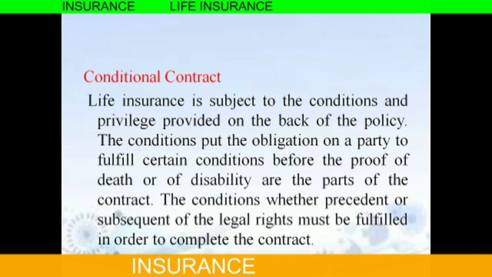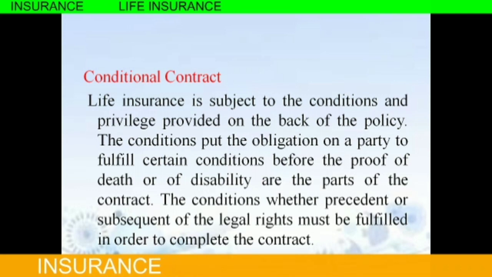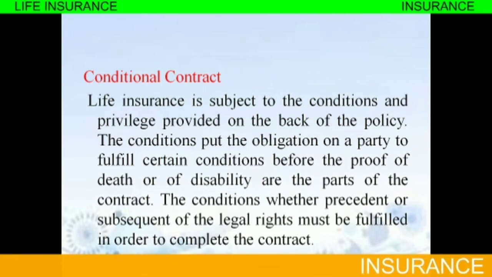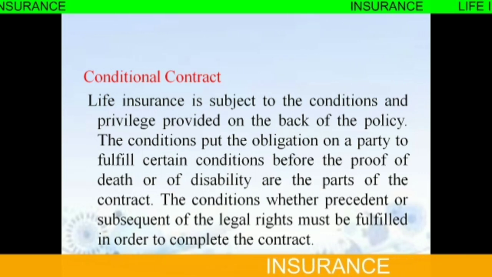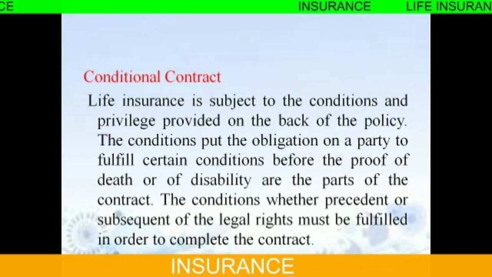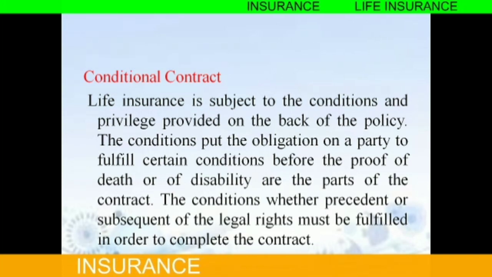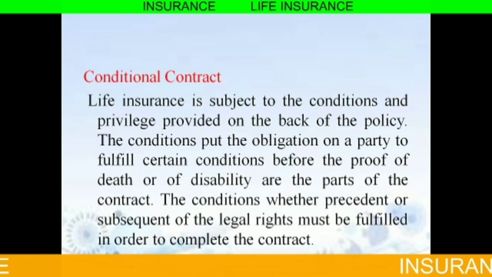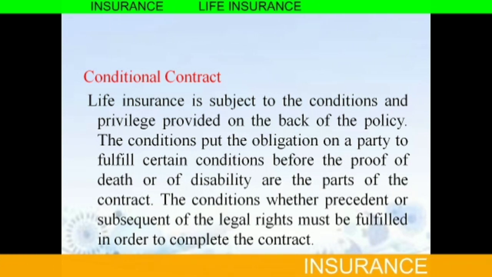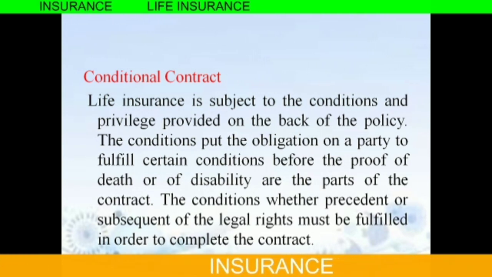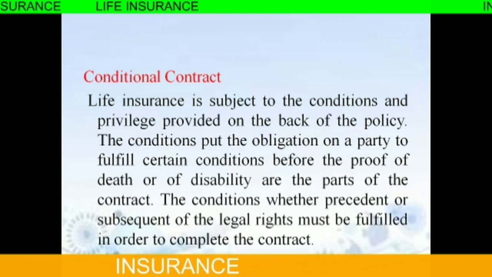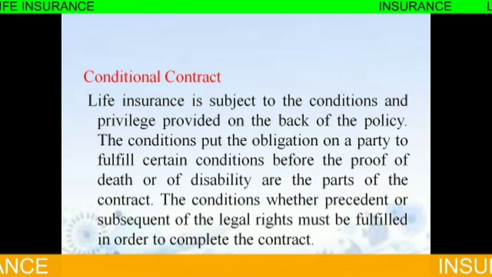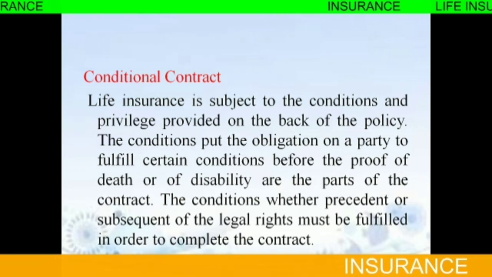And the third one is a conditional contract. Life insurance is subject to the conditions and privileges provided on the back of the policy. So there are certain conditions and privileges, and they should be noted on the back of the policy. The conditions put an obligation on the party to fulfill certain conditions before the proof of death or disability, which are part of the particular contract.